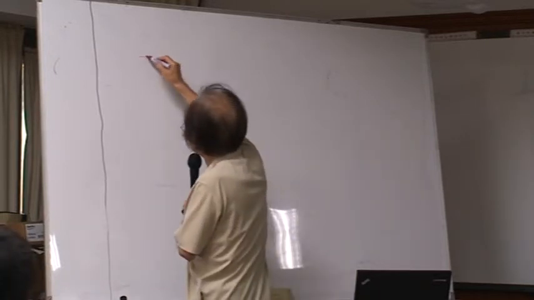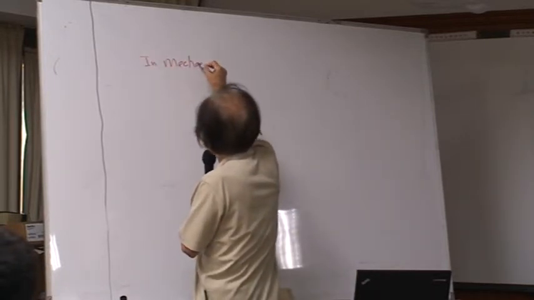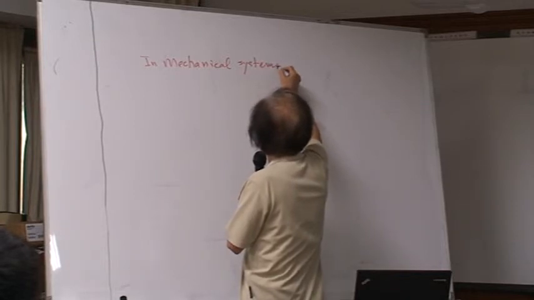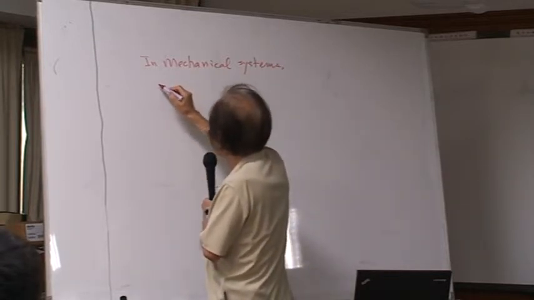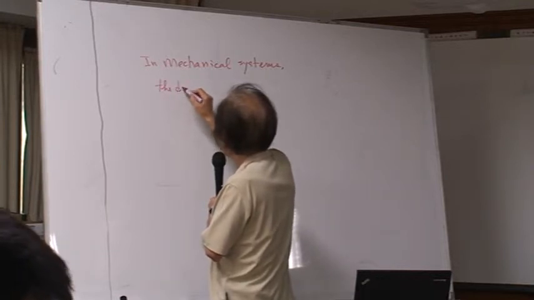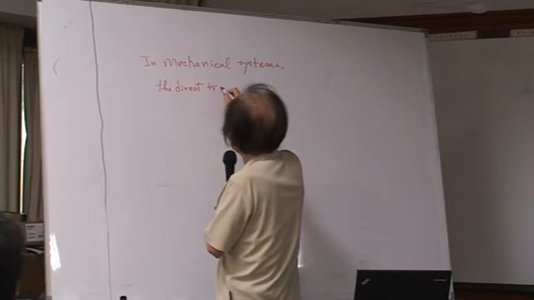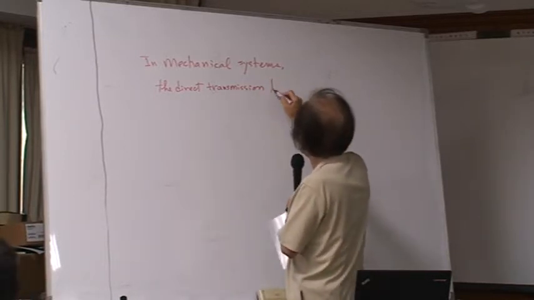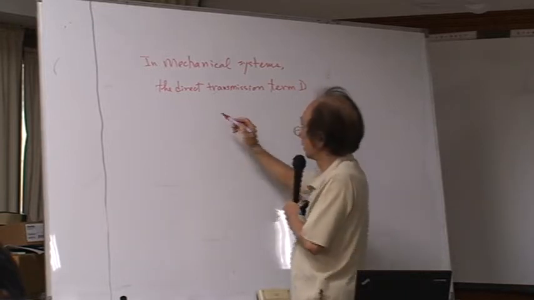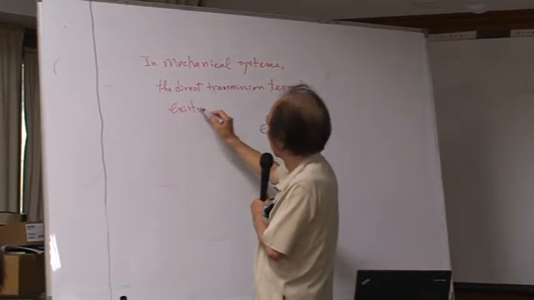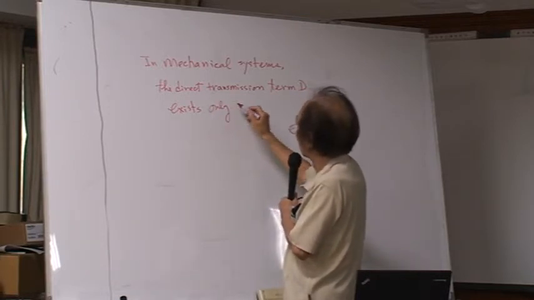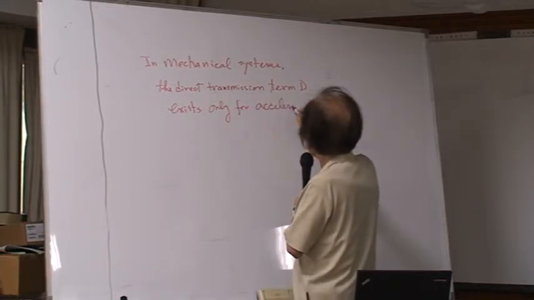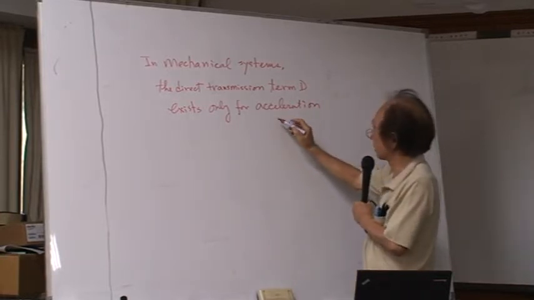In a mechanical system, the direct transmission term D exists only for acceleration measurement.